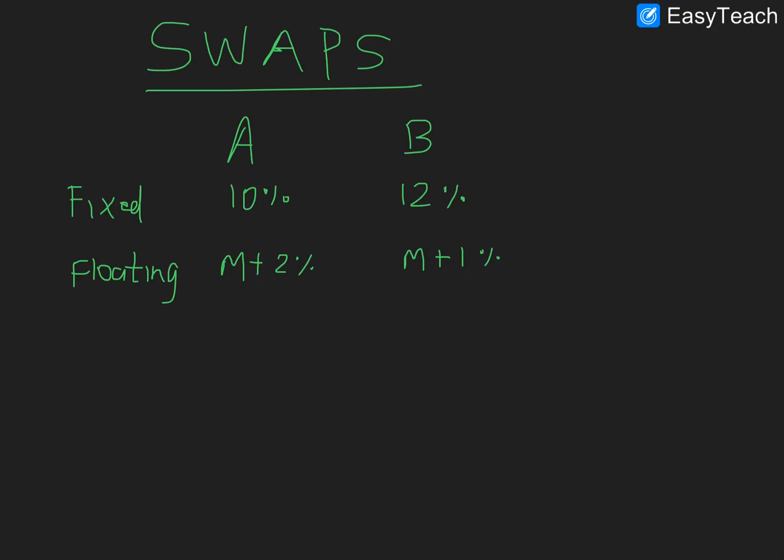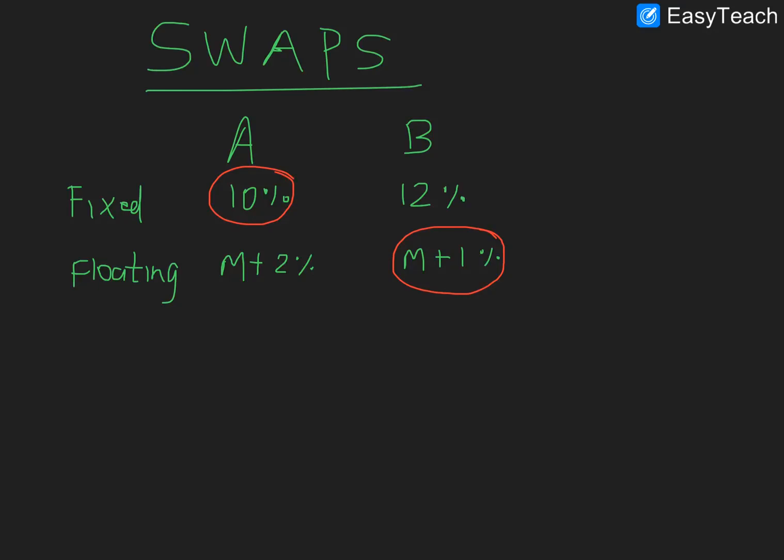If you analyze it a bit, you'll observe that A has an advantageous position as compared to B as far as fixed rate of interest is concerned, whereas B has an advantageous position as compared to A as far as floating rate is concerned.